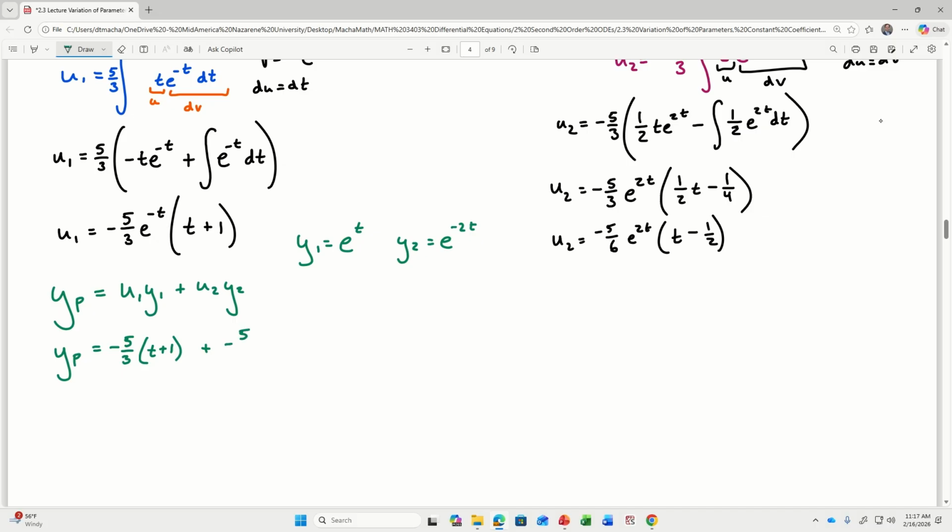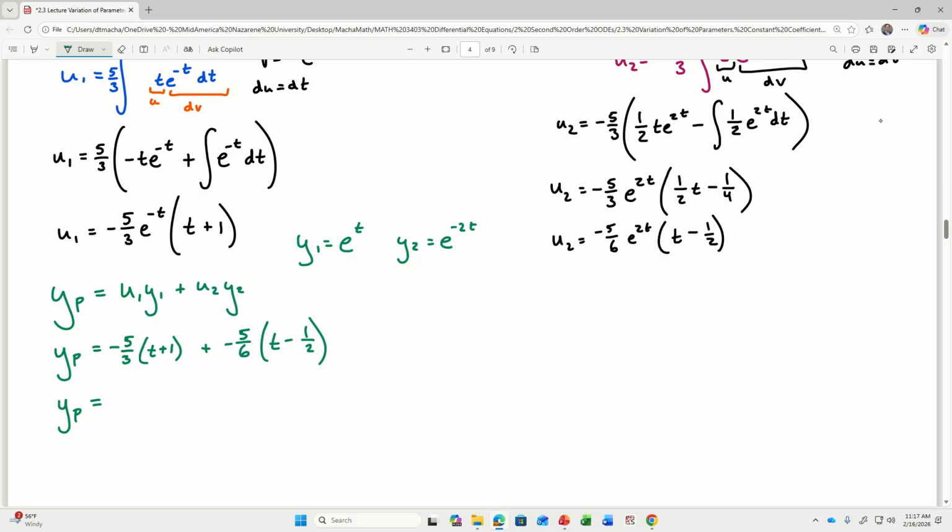And this is going to be negative 5/6 times t minus a half. And I should collect like terms. The stuff multiplying t is negative 5/3 plus negative 5/6, which is like negative 15/6.